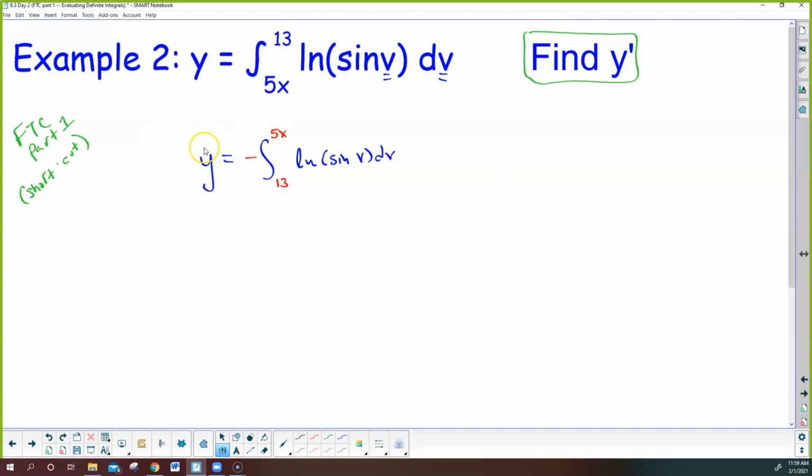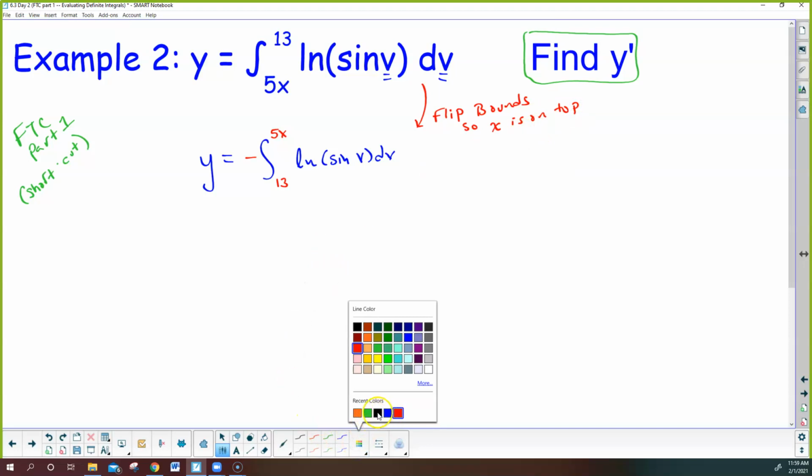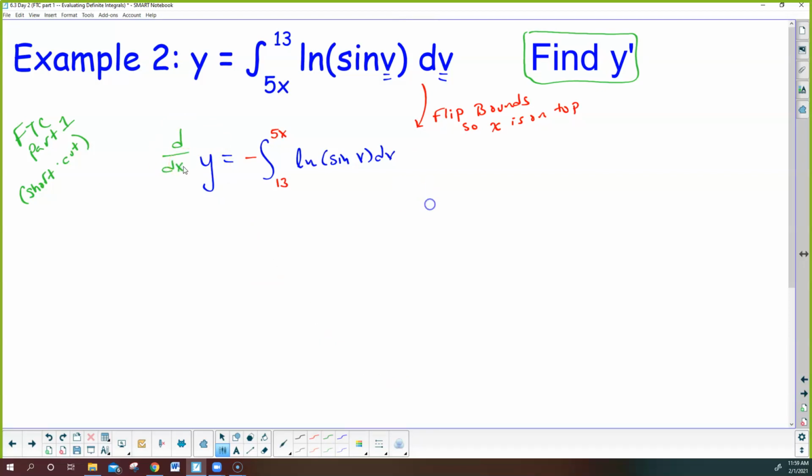So all I did was flip the bounds. Right? So now I'm going to take the derivative of both sides.